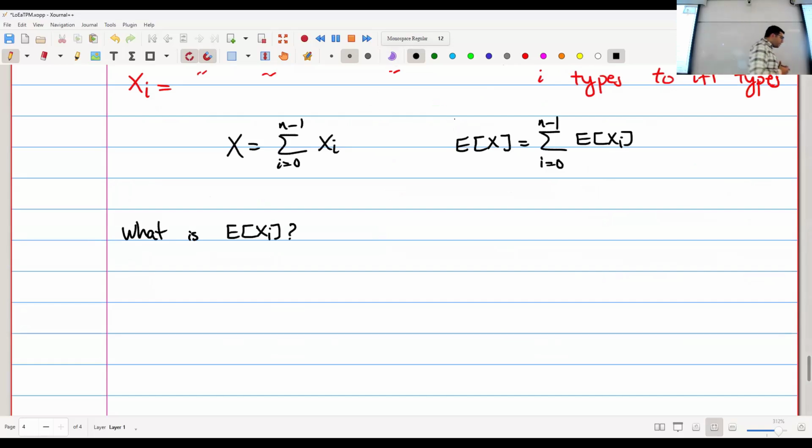So remember my definition of xi. My definition of xi is that at some point, I have i different types of coupons, and I'm starting counting from that point onwards. And I'm saying, how long would it take until I get the i plus first type of coupon?